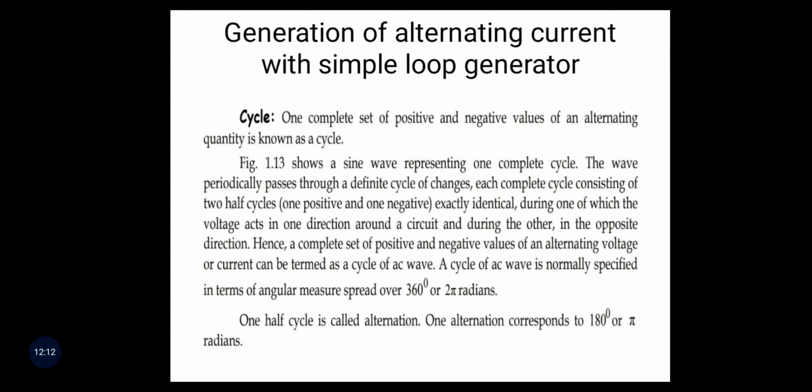A cycle of AC wave is normally specified in terms of angular measure spread over 360 degrees or 2 pi radians.